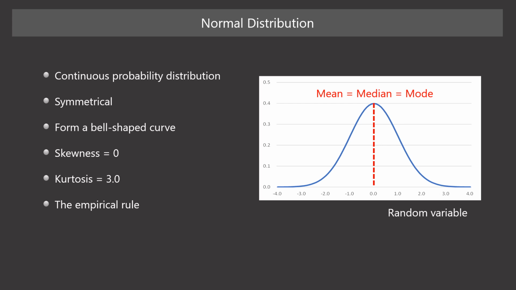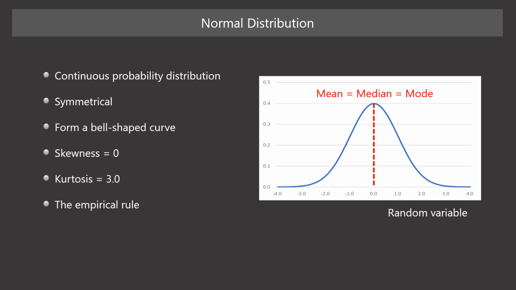Since data points are distributed symmetrically on both sides of the mean, the mean equals the median. And the peak of the bell-shaped curve is on the mean, so the mean equals the mode. That is, in a normal distribution, the values of mean, median, and mode are the same.